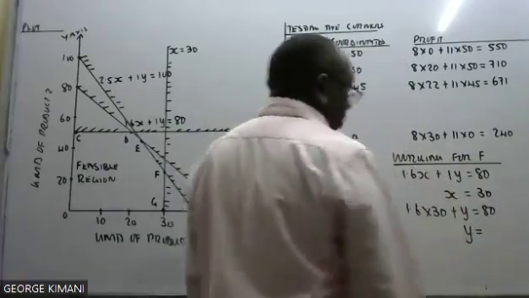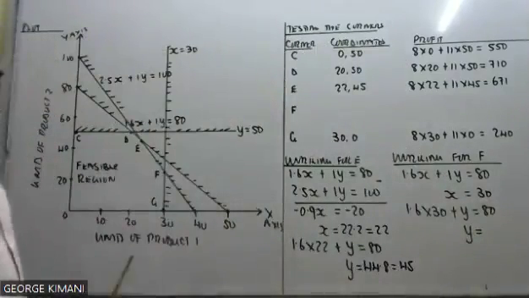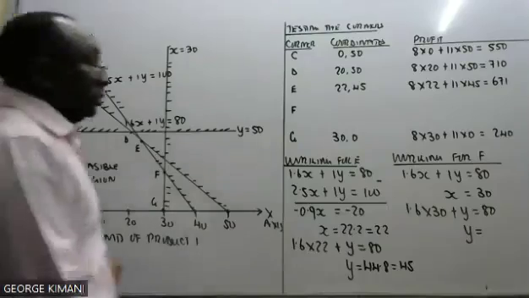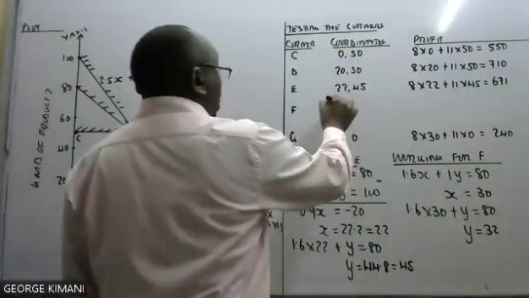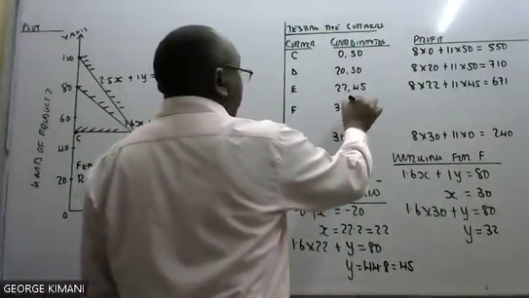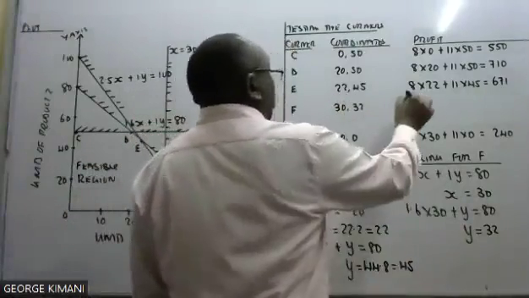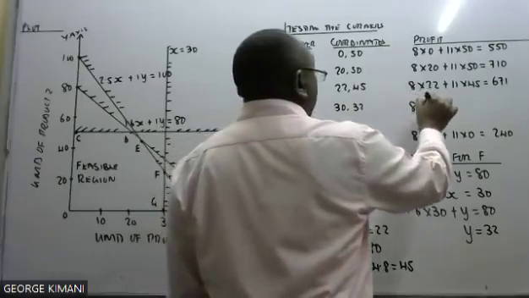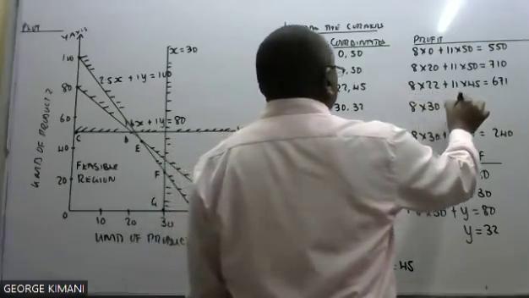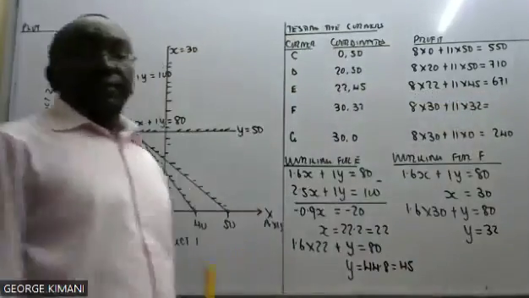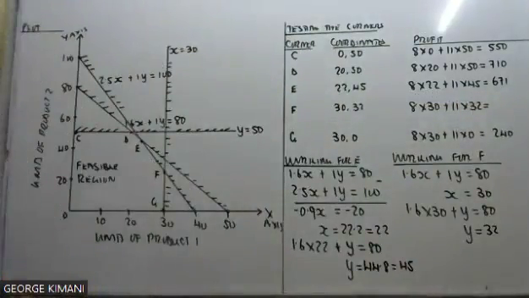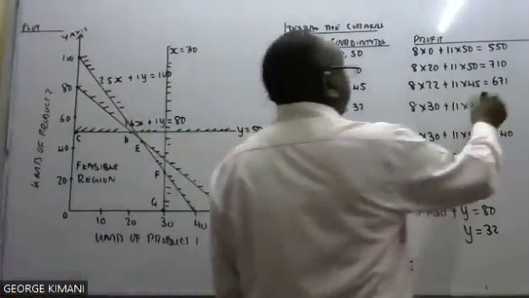So y should be what? 32. So hii nayo itakuwa 30, 32. So 8 times 30 plus 11 times 32 is 592.